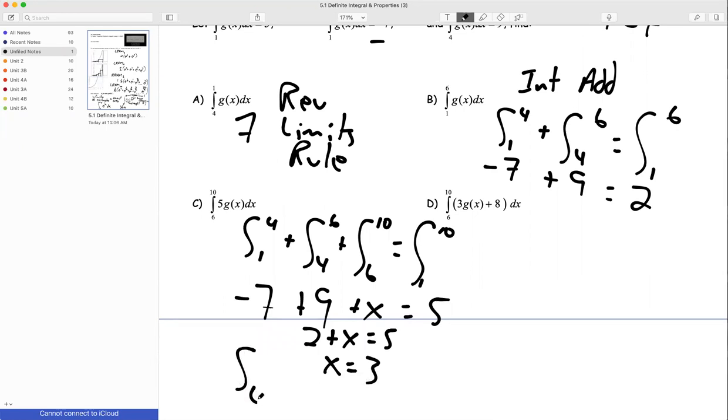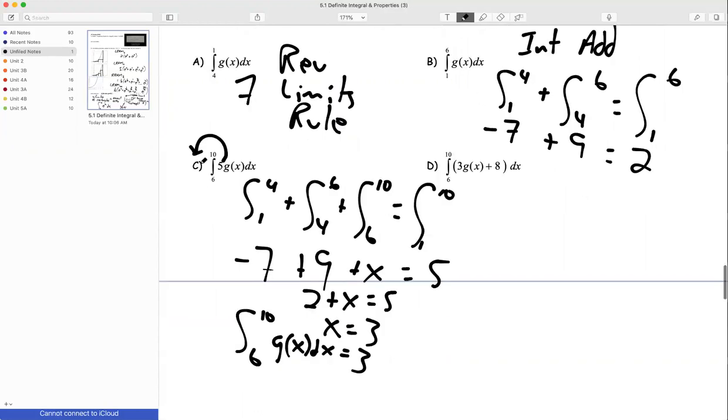And therefore, the integral from 6 to 10 of g of x dx equals 3. And then I can take my constant and move it out front. So I have 5 times the integral from 6 to 10, which I know is 3. Therefore, this value is 15.